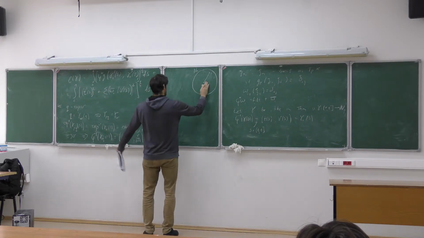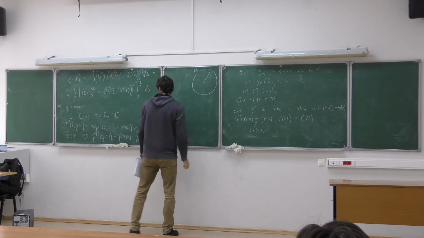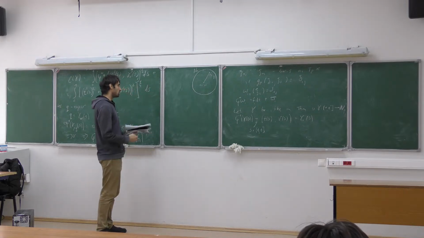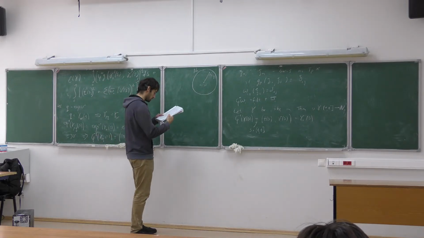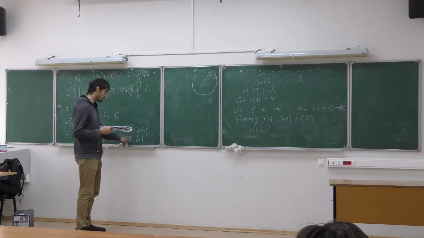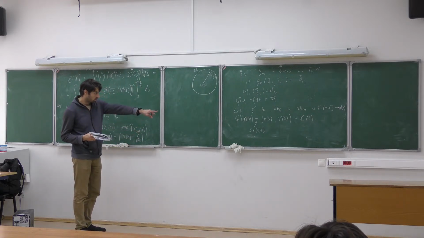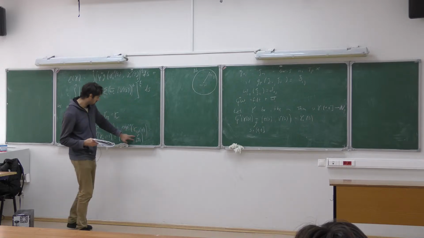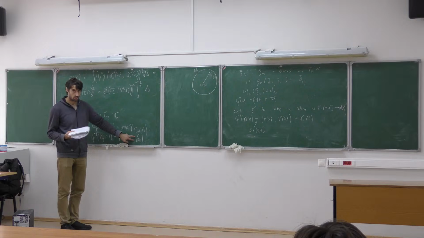I mean s equals 0, but I rather should take exponential inverse of p here, and this is exponential inverse of p. Okay, so therefore if gamma is a geodesic, then my v of s, which is just this thing, does not depend on s. So v of s is constant, and therefore v prime of s is 0.